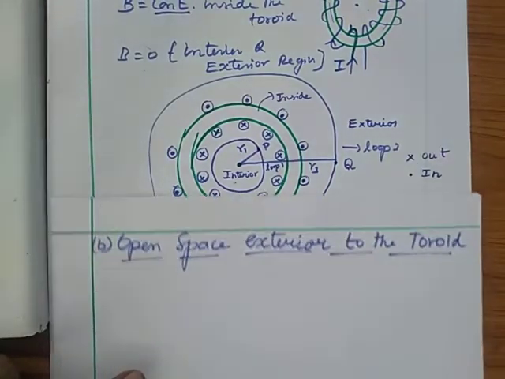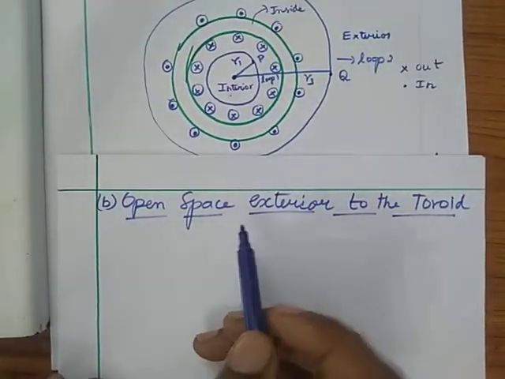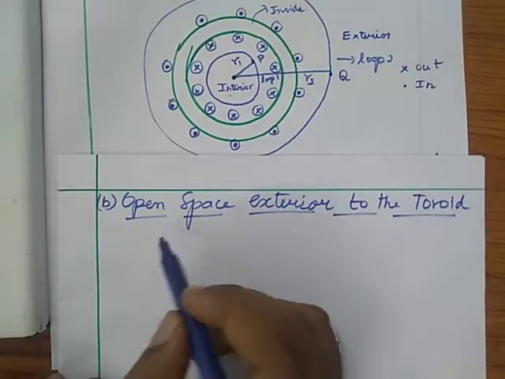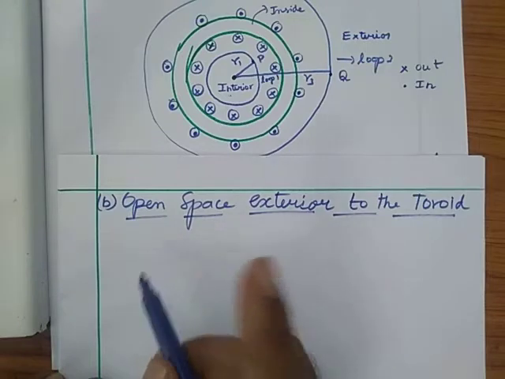Let me see the magnetic field in that exterior loop. We know the length of the loop is given by the circumference of loop 3.